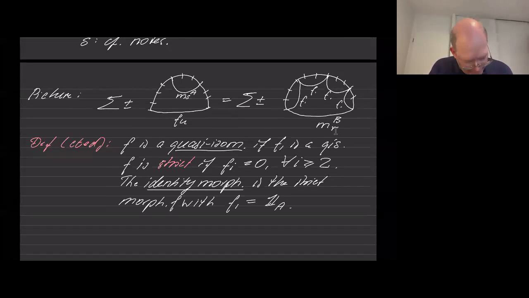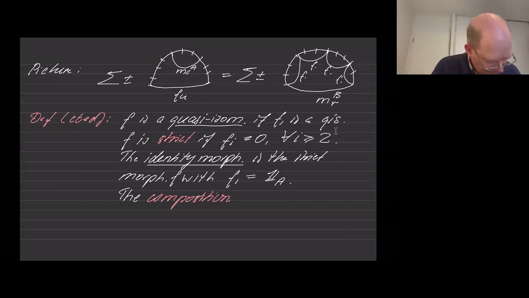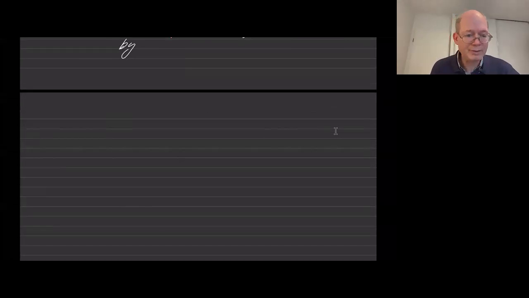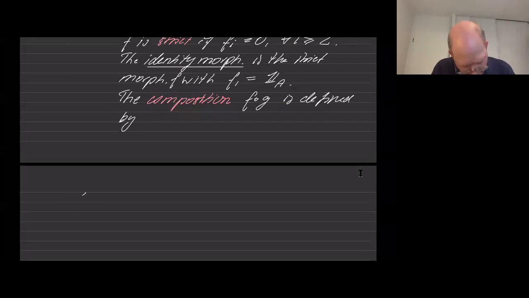And then we have the rule for the composition. F composed with G is defined as follows. Again it's a family, and we have to define its nth term.